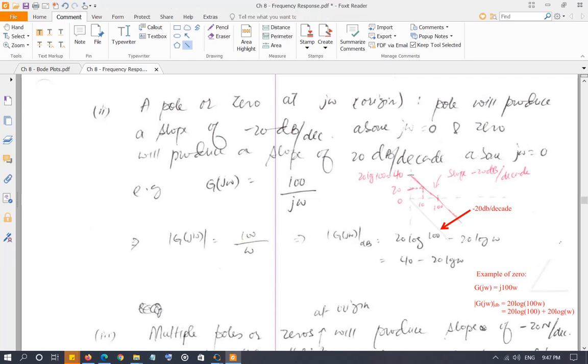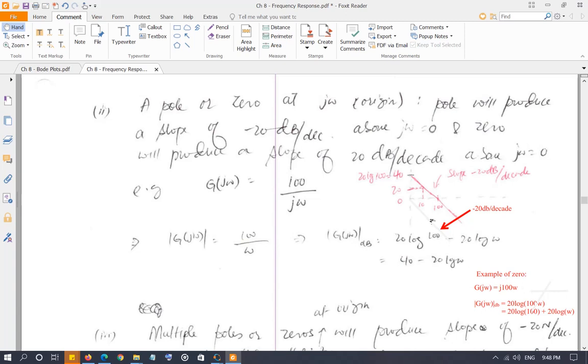How is it going? 20 decibel per decade, not negative 20, 20 decibel per decade, right? So you have a 40 decibel line, and the other line is going from here, starting at 0, right?